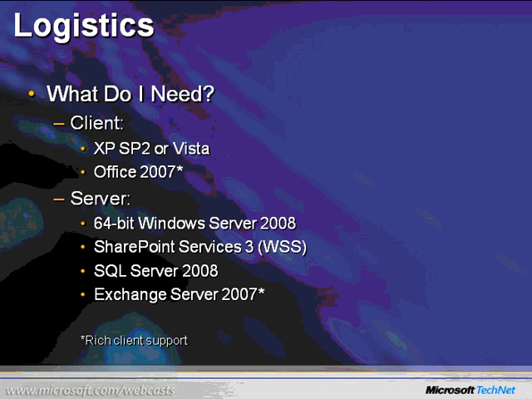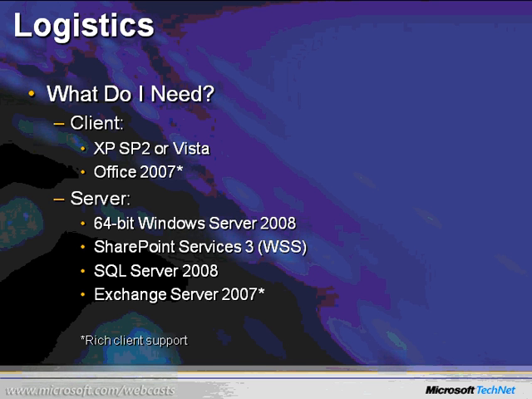Some quick logistics here. You may be wondering what you actually need to run the product. Well, for the client bits, for having Outlook integration or other bits that you've seen in some of the other demos, you'll need to have XP Service Pack 2 or Windows Vista, and you'll need Office 2007 if you want the rich support for the Outlook client.